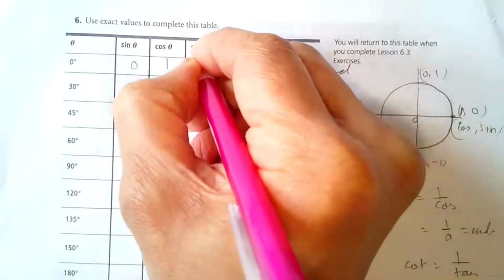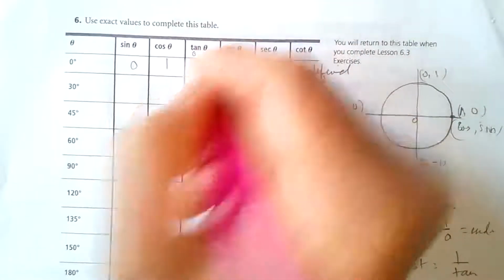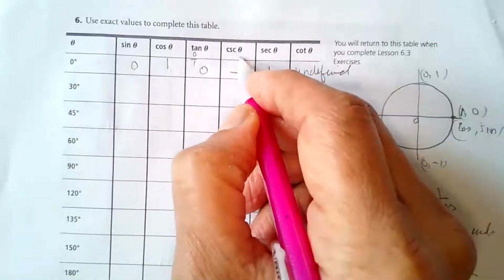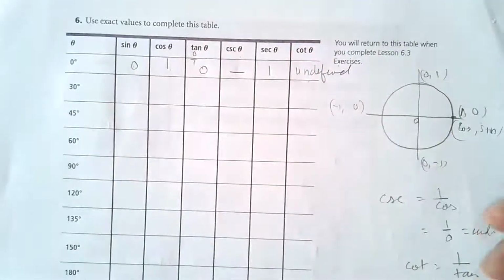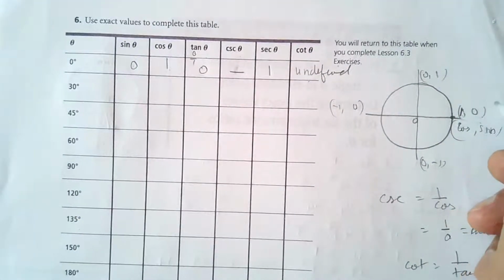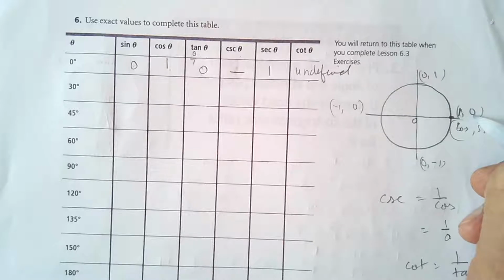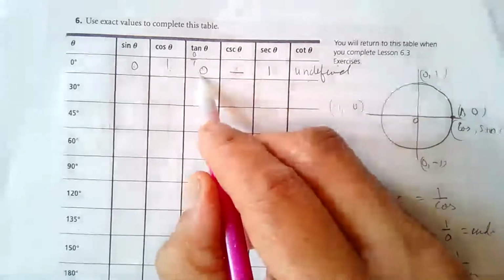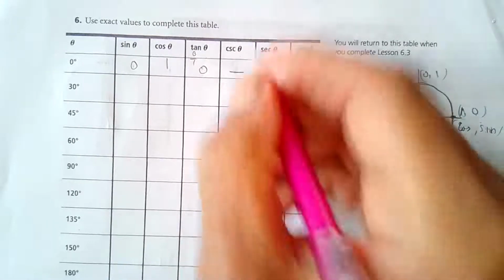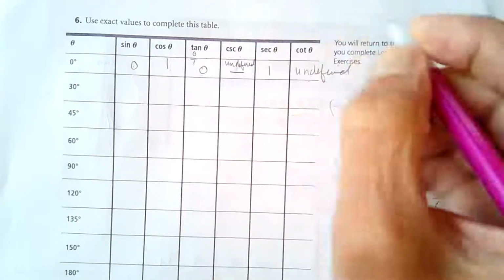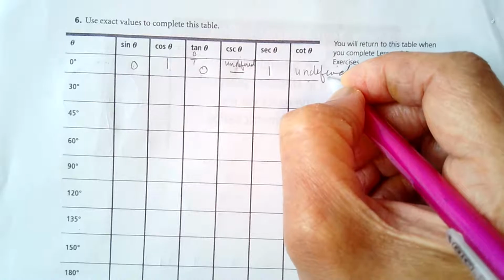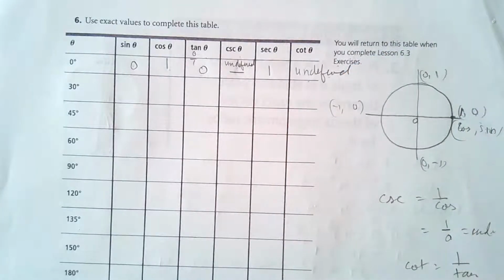Now cosecant, which is the reciprocal of sine, will not work because you're dividing by 0. So that's why it's undefined here. It's also undefined for cotangent because you cannot divide by 0.